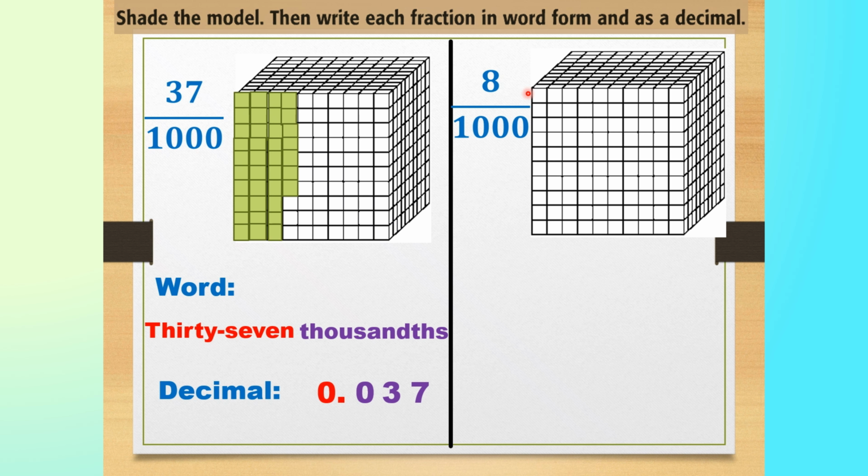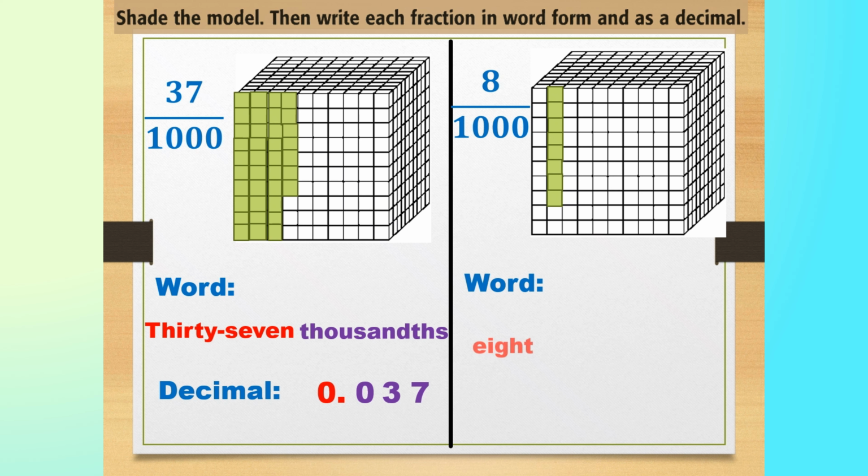Here we need to model 8 out of 1000. It means we're going to shade 8 small squares. 1, 2, 3, 4, 5, 6, 7, 8.